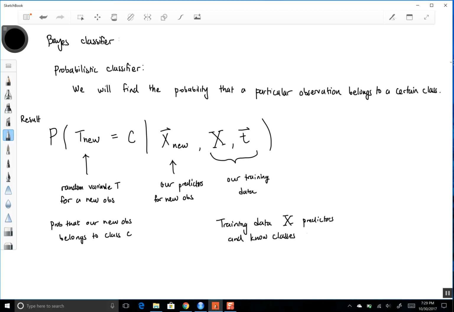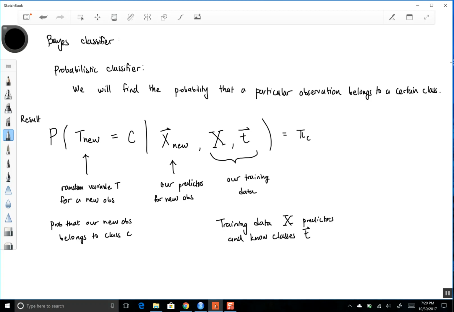The known classes are stored in the vector t. Okay, and so we can give this the assignment of probability sub c. This is the probability that it belongs to class C.